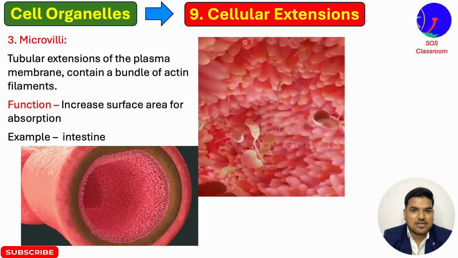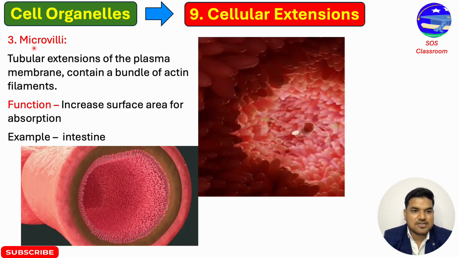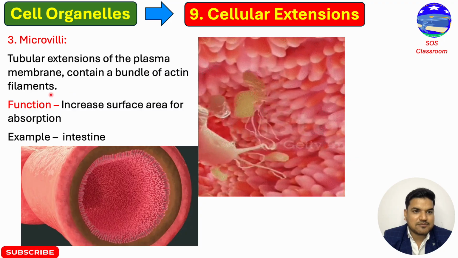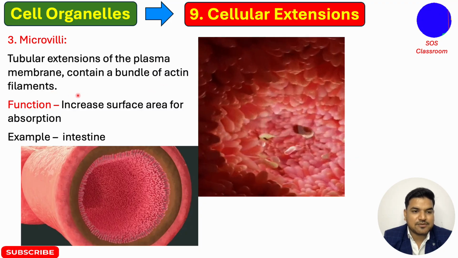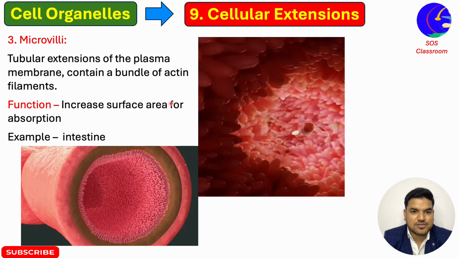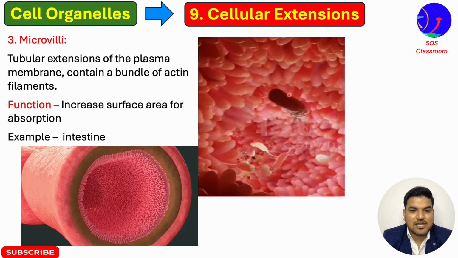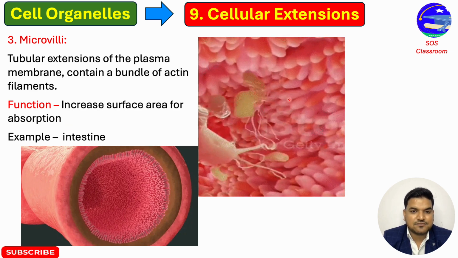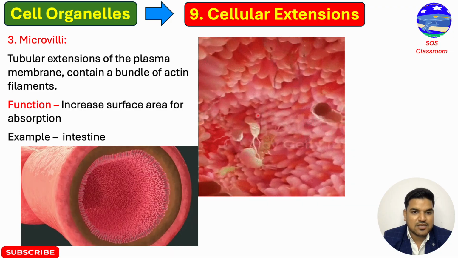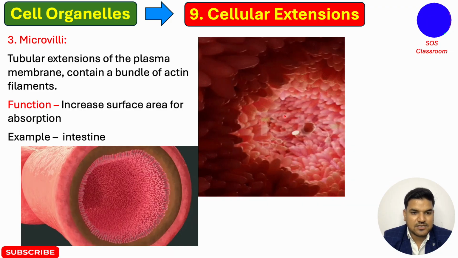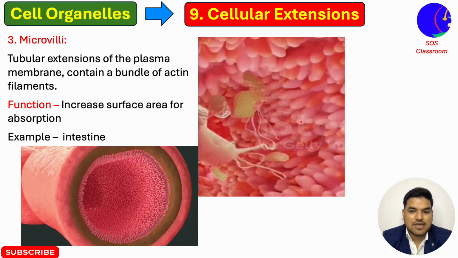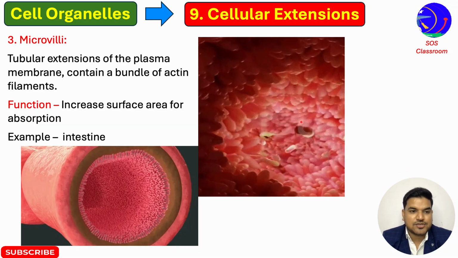And next, the microvilli: tubular extensions of the plasma membrane containing a bundle of actin filaments, whose function is to increase surface area for absorption. Microvilli are mainly present inside the intestine. You can see the structure of the intestine. Microvilli help with maximum absorption of nutrients.